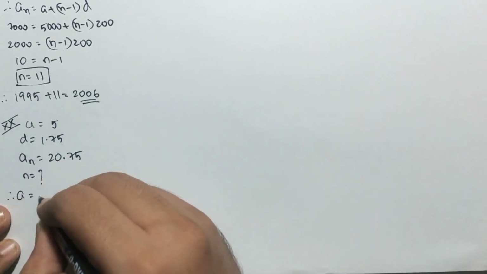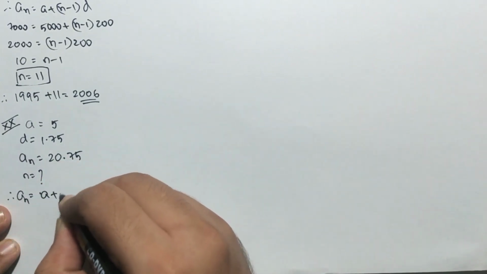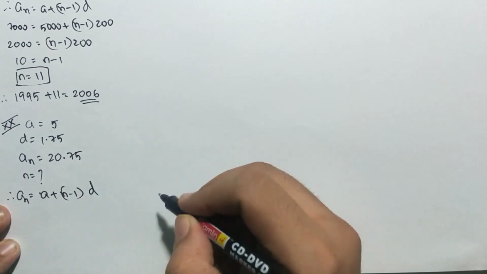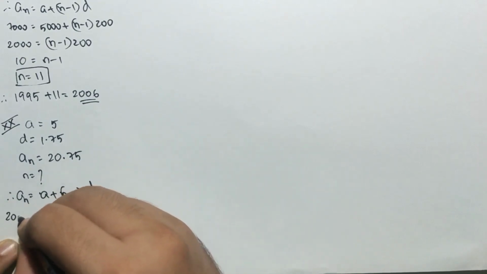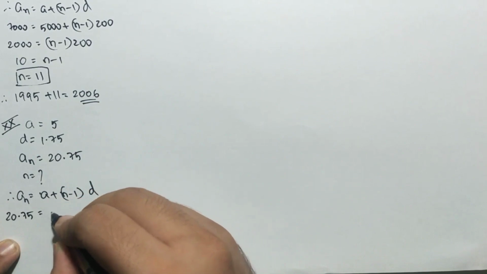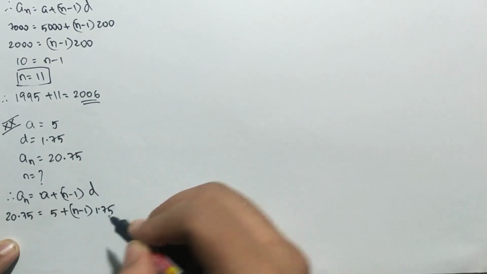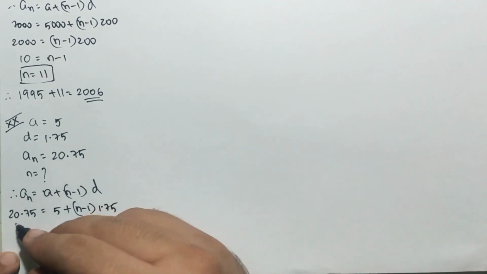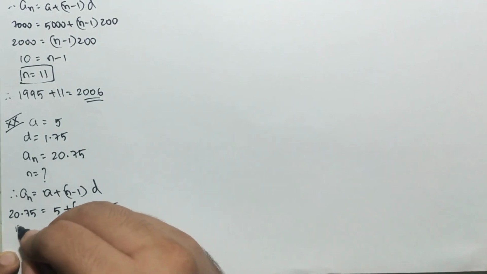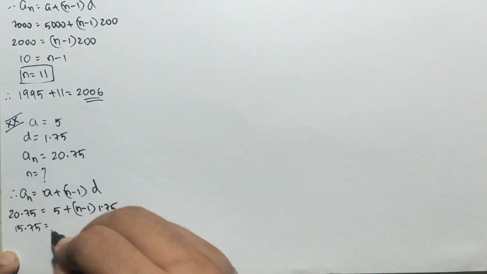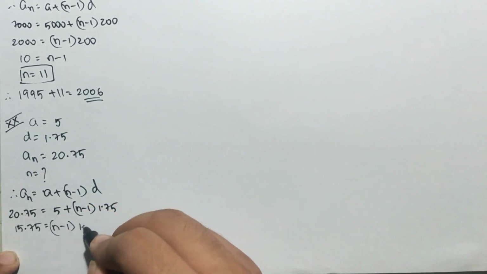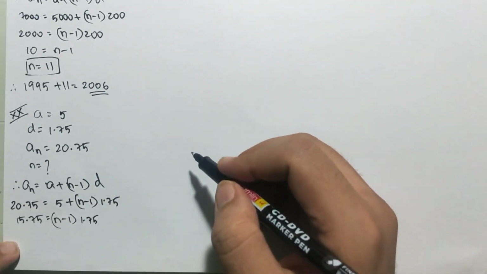So an equals a plus n minus 1 d. 20.75 equals 5 plus n minus 1 into 1.75. This 5 will get subtracted, it will become 15.75 equals n minus 1 into 1.75.